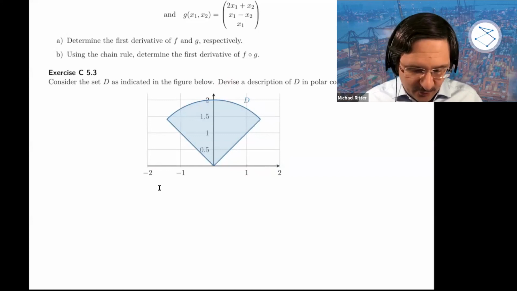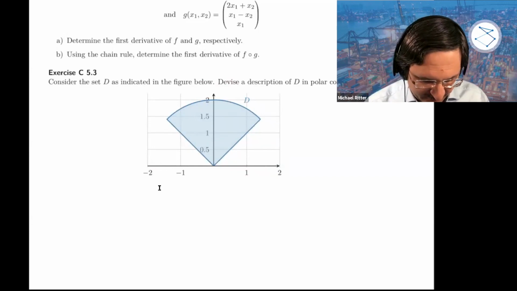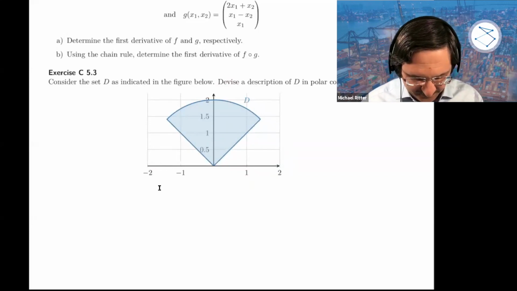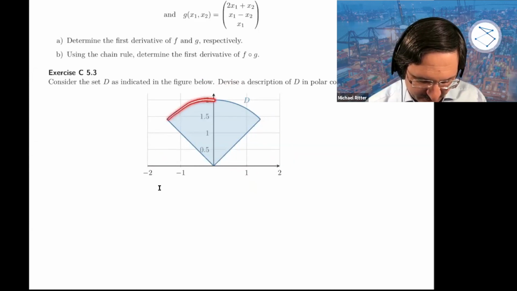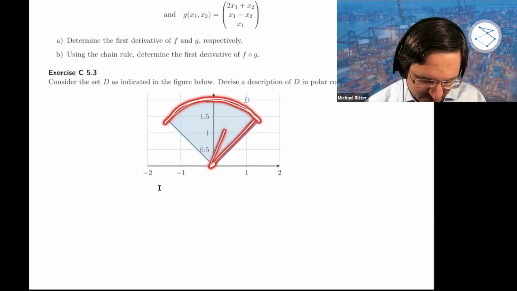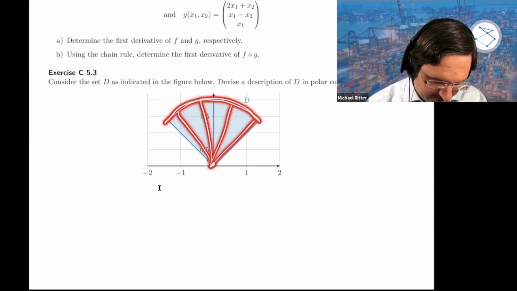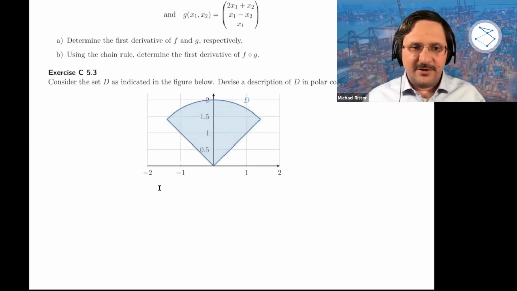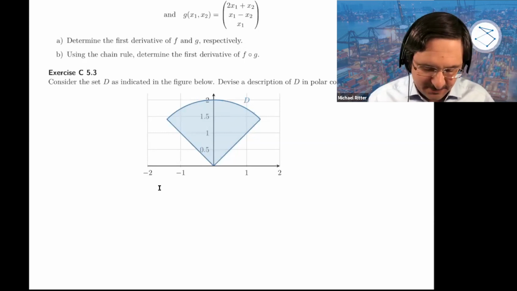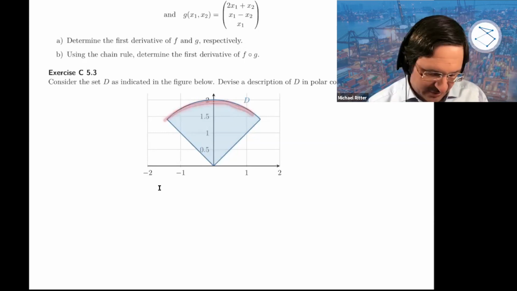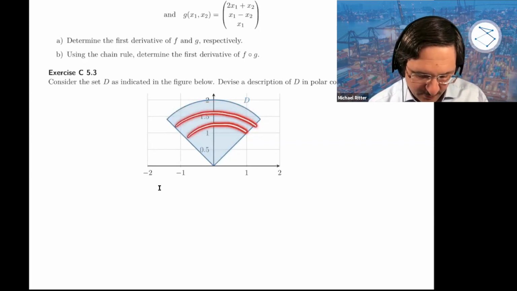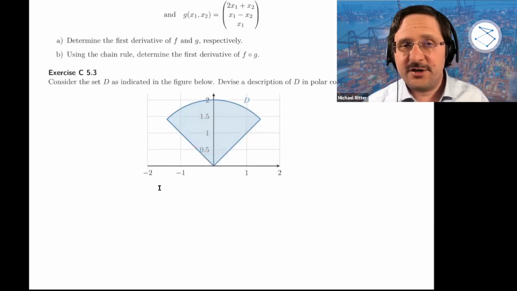In polar coordinates, it's not hard to describe that, because what you can see is the radius, the distance of those points from the origin, is always the same. So we actually have a circle. The radius is bounded by this upper bound, and any point below that line is also included in the set D up to the origin.